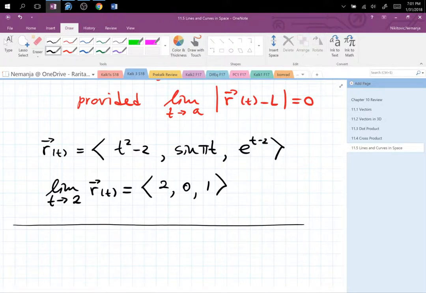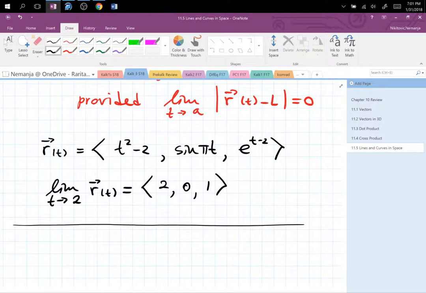We can also claim continuity of the vector valued function if each individual function is continuous, and then you refer back to Calc 1 rules, and you have 3 separate problems to work on. If one of the components is discontinuous, the whole thing is discontinuous.